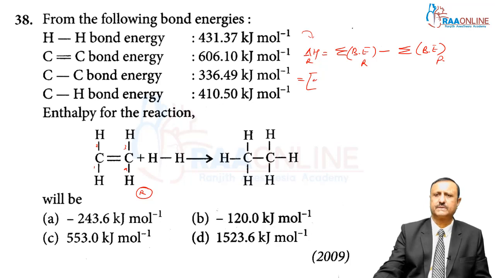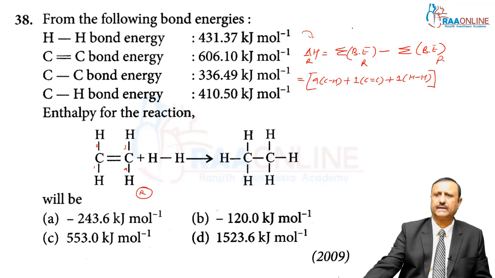4 CH bonds are present, plus you can see here 1 C double bond C present plus 1 HH bond is present. Now, these are the reactants.